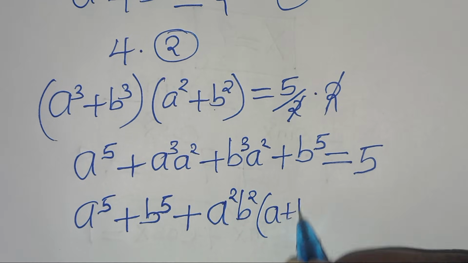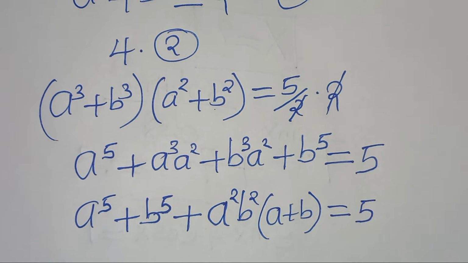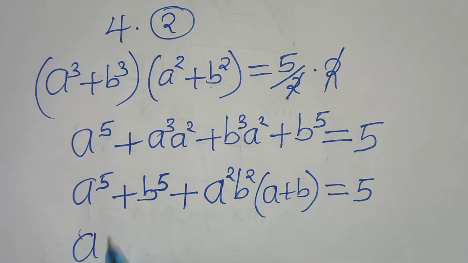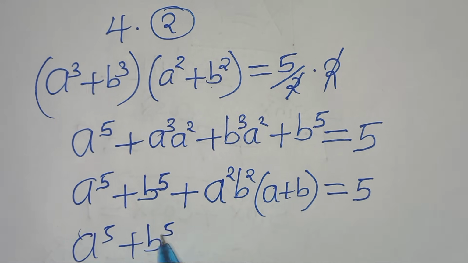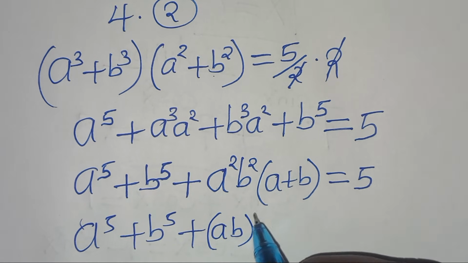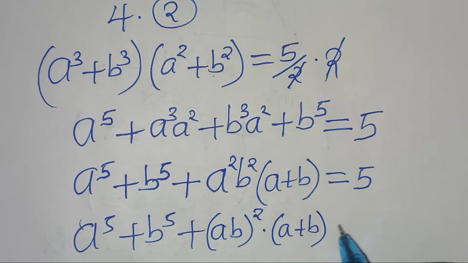This is (a + b), and this is equal to 5. We have that a²b², we can express this as (ab)² times (a + b). This is equal to 5.